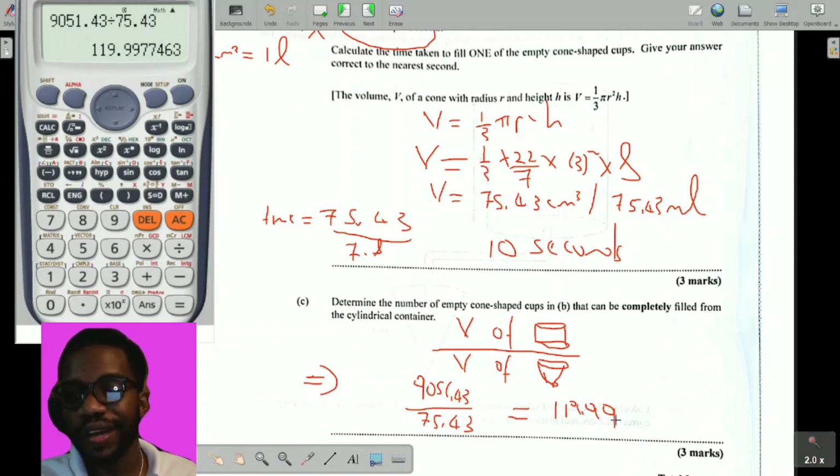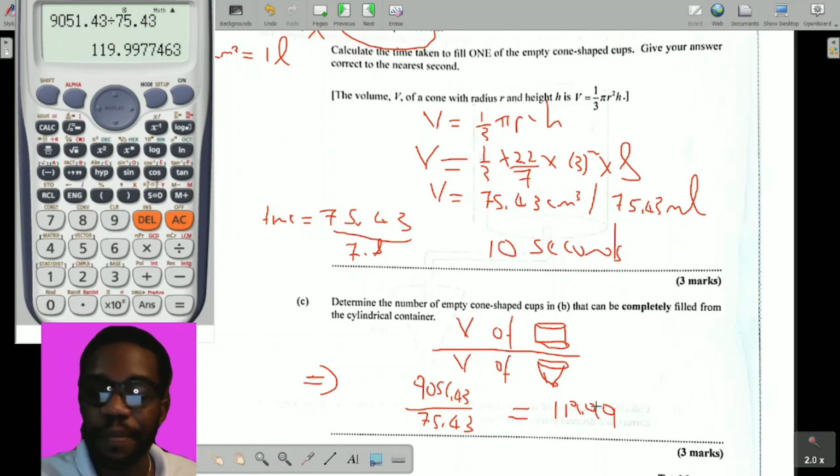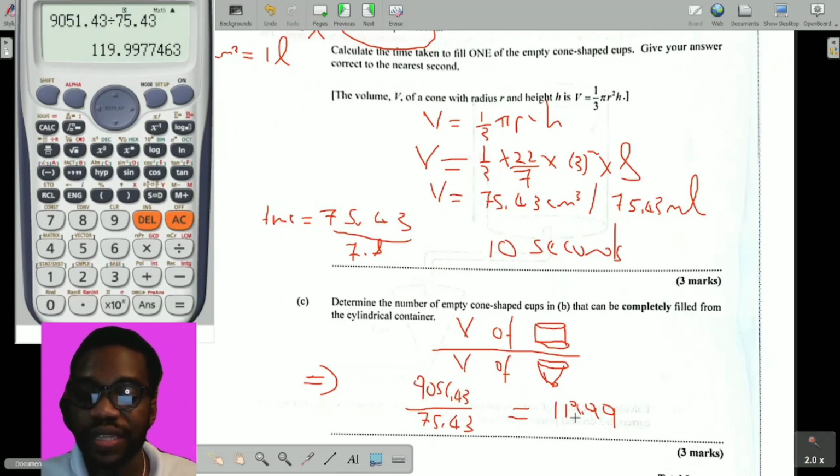And it keeps going on and on. Now notice anywhere I try to round off, it's going to go all the way up to 120. But what I'm saying to you, what if it was 119.1? The number of cups that would be completely full is 119 because 0.1 will be a small fraction of that cup. But this is 119.99 and it doesn't matter how far I go, any attempt to round off will simply turn it into 120 because this goes on and on.